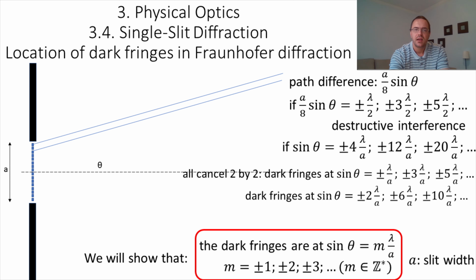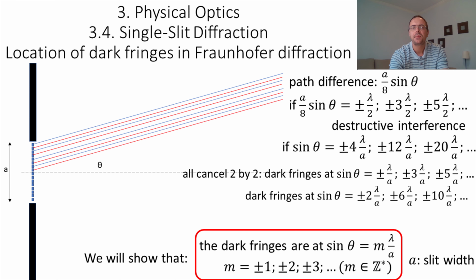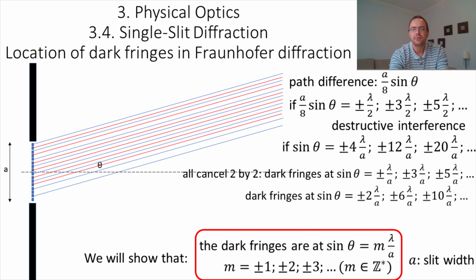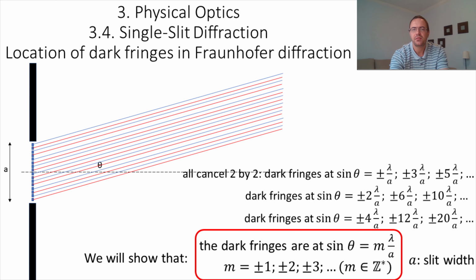And again, all the rays from the strips will cancel 2 by 2. And so we will have dark fringes at sine theta is equal to plus or minus 4 lambda over a, 12 lambda over a, 20 lambda over a, and so on.